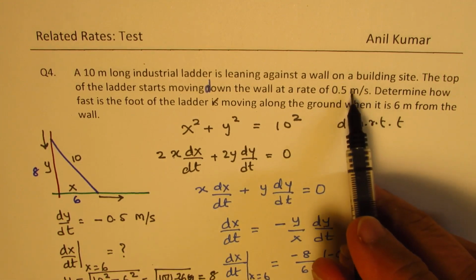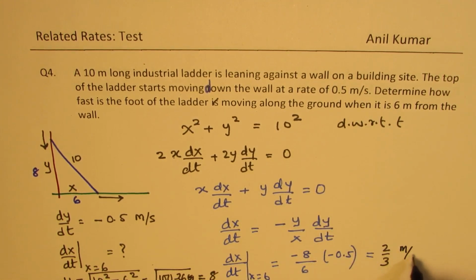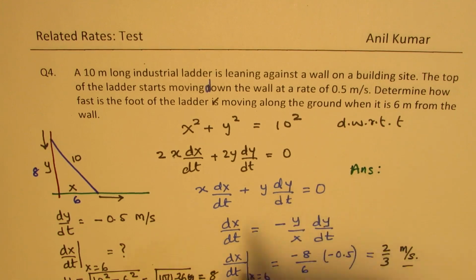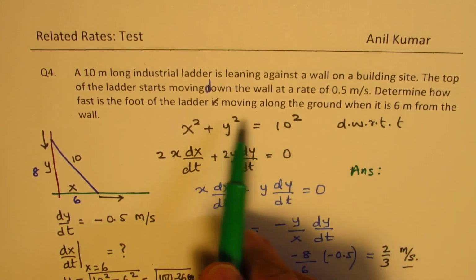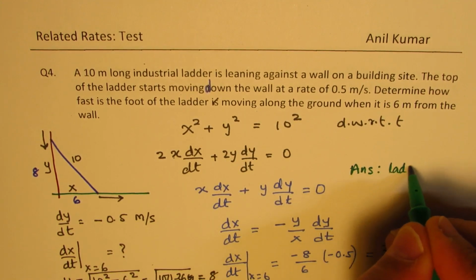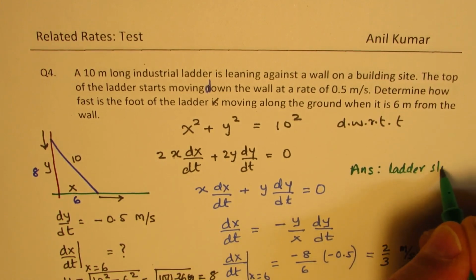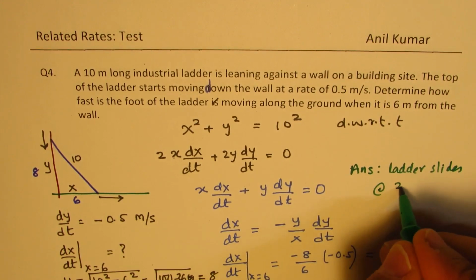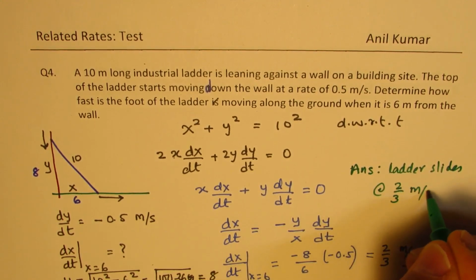And the units are going to be meters per second. Is that clear? So we can write down our answer: the ladder slides at the rate of 2 over 3 meters per second.